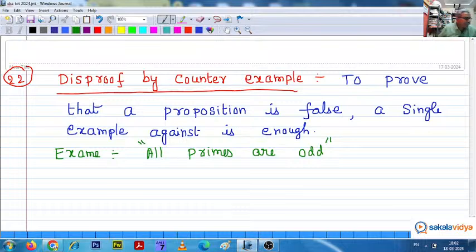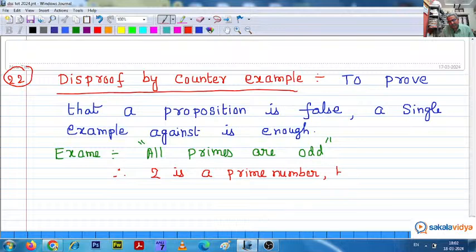One example is enough. So what is that example? Here you can write like this. 2 is a prime number, but not odd.